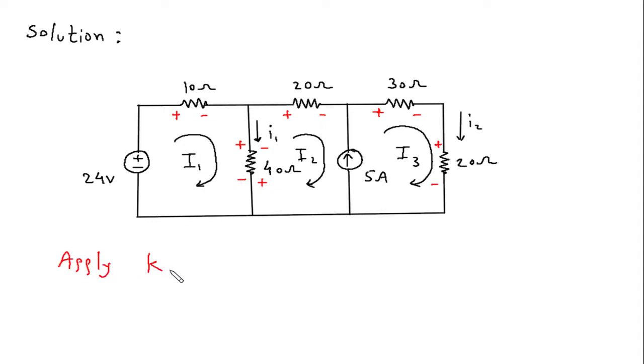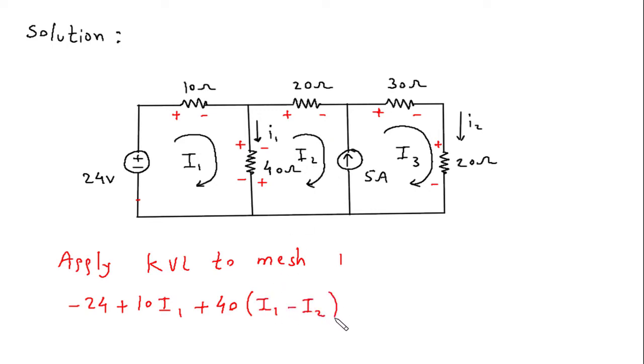Apply KVL to mesh 1. Let's say we will start from here. So this will be minus 24 plus 10 I1 plus 40 (I1 minus I2) is equal to 0.